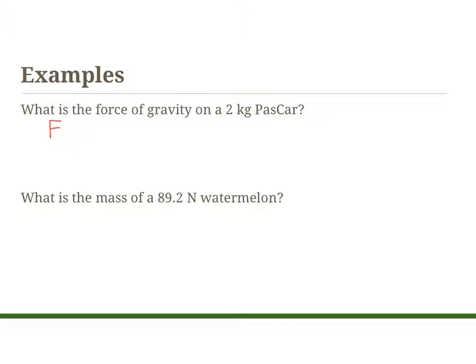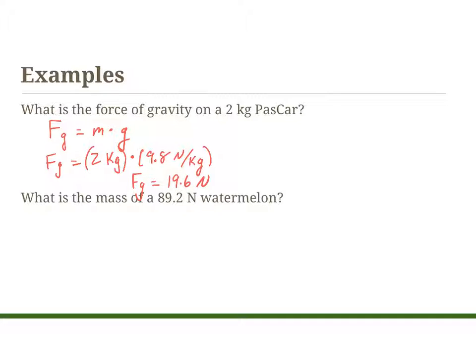So we're going to have force of gravity is equal to mass times the gravitational constant, which, when we substitute our values in, force of gravity is equal to 2 kilograms times the gravitational constant, which in this case, we just said was 9.8 newtons per kilogram. So when I do the math on that, I get a force of gravity equal to 19.6 newtons.